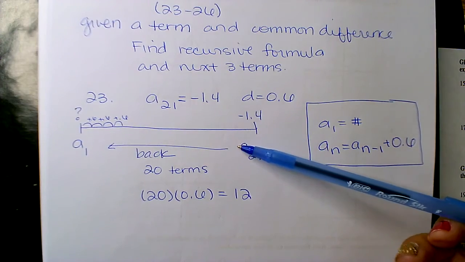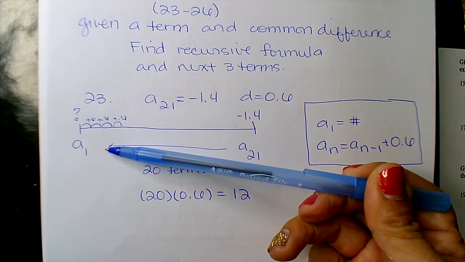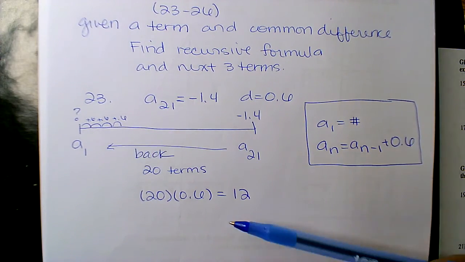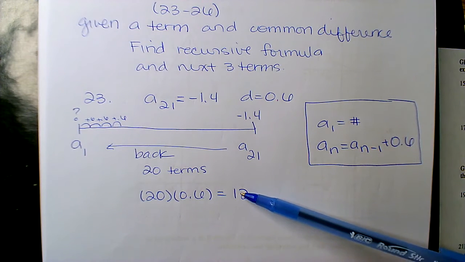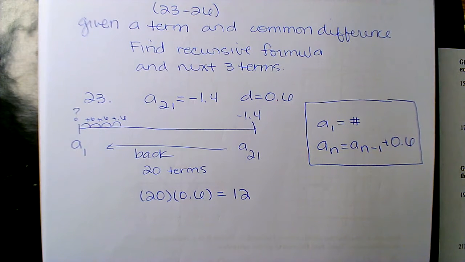Now I want to go backwards. So how do I use the 12? What operations? What's the inverse operation to adding? Subtracting. Thank you. You guys need to know your inverse operations.